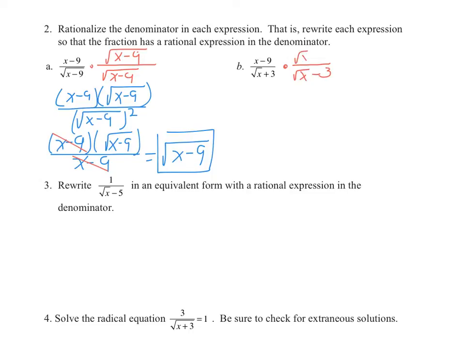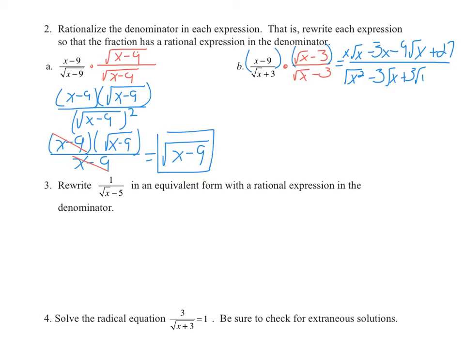On the top, I'm going to end up with double distributive property and get x radical x minus 3x minus 9 radical x plus 27. On the bottom, I'm going to end up with radical x squared minus 3 radical x plus 3 radical x minus 9.